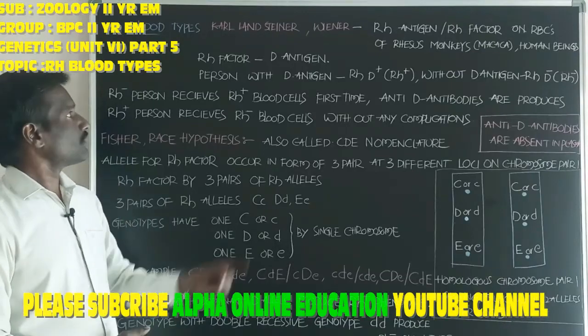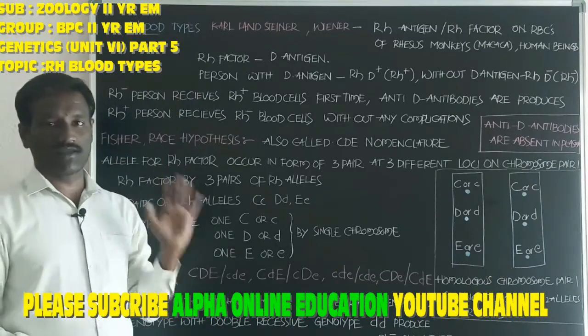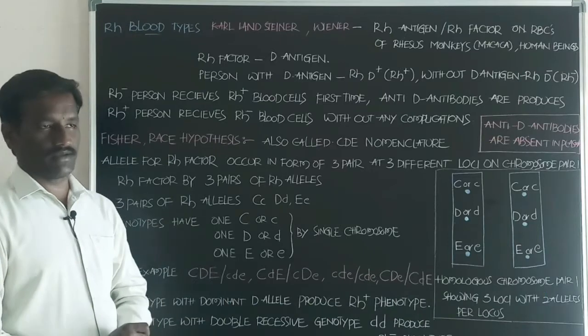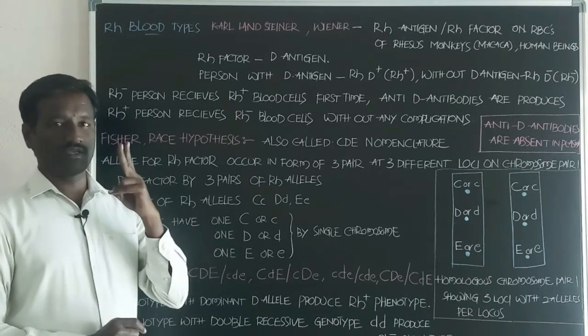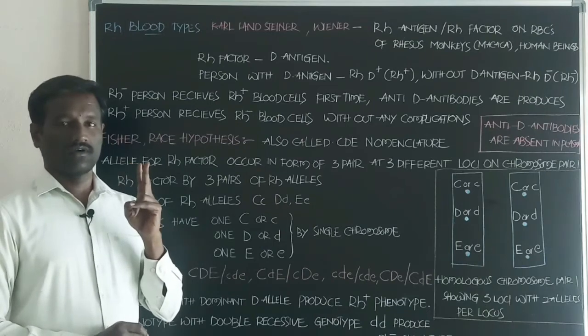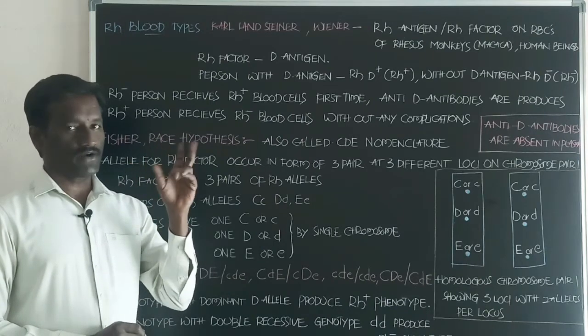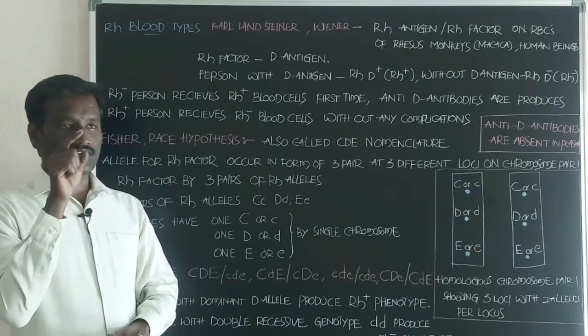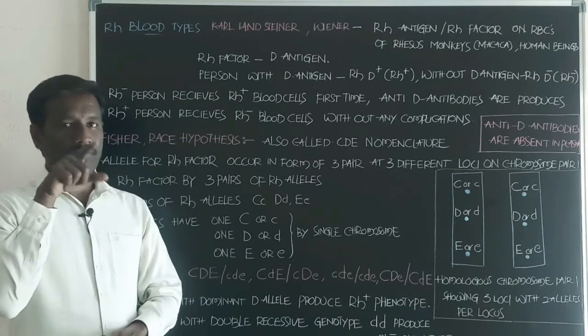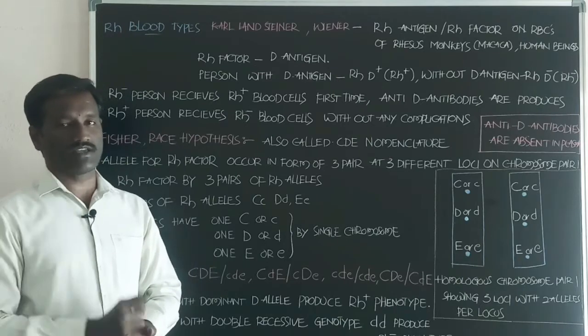Friends, now discuss about RH blood types. Already you know about the two types of antigens on the blood groups: antigen A and antigen B. These are present on the plasma membrane of the red blood cell.